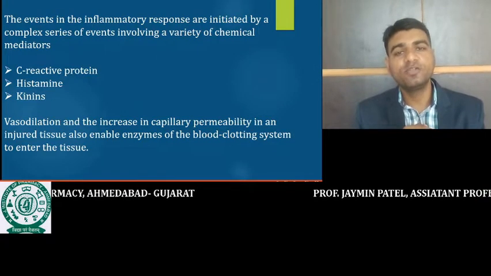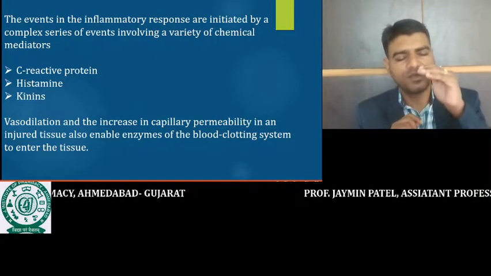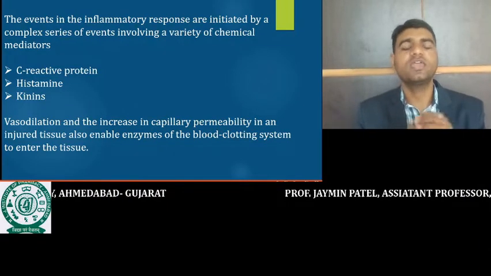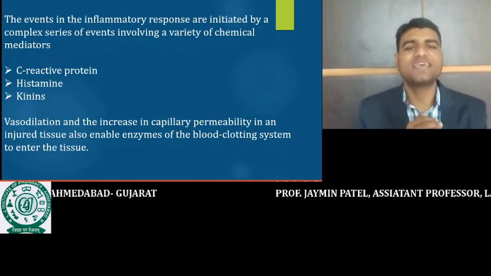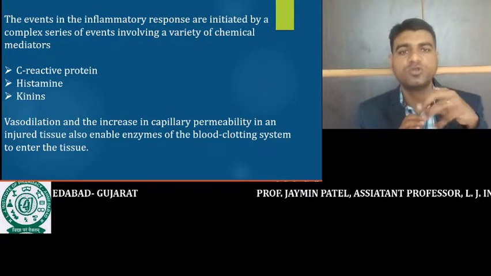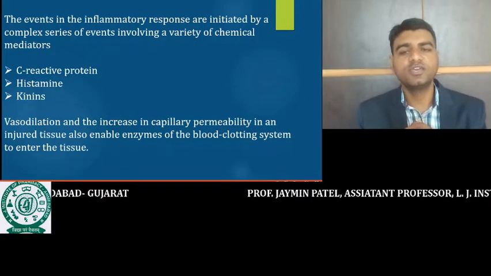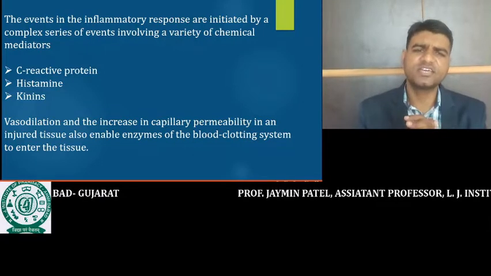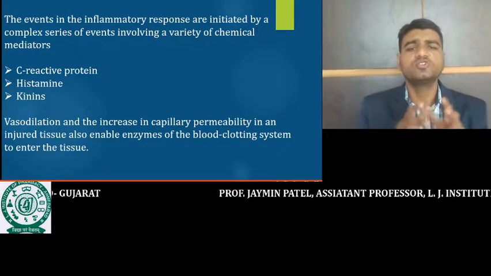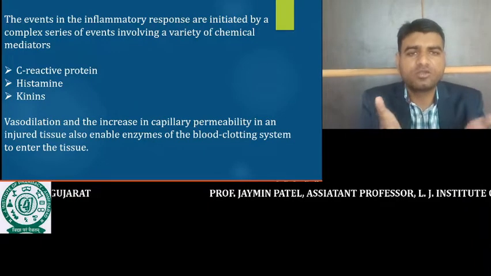When fluid is exuded from the blood, blood pressure is going to decrease. To normalize that blood pressure, special enzymes present in our blood are responsible for inducing the blood clotting process. So when any injury occurs, blood is going to be removed from that part, and enzymes induce the blood clotting process.